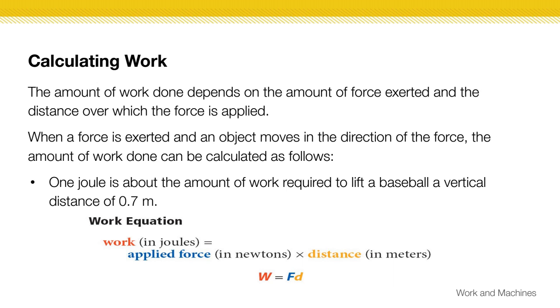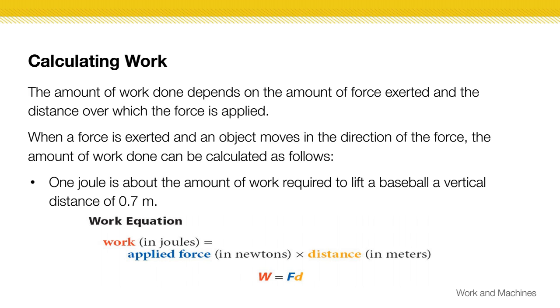Some more math and science. Let's say we want to start calculating how we find this work. How we're going to do that is the formula work equals force times distance. We learned from last chapter that the unit for force is newtons, and the unit for distance is meters, typically.